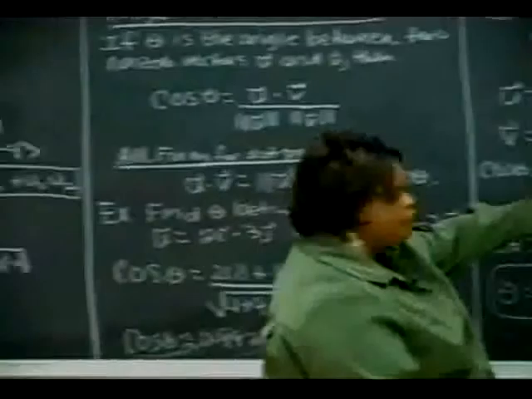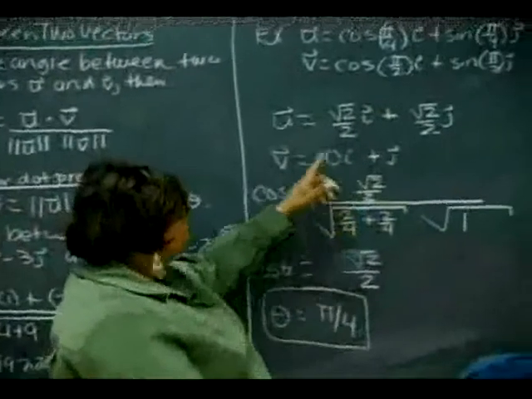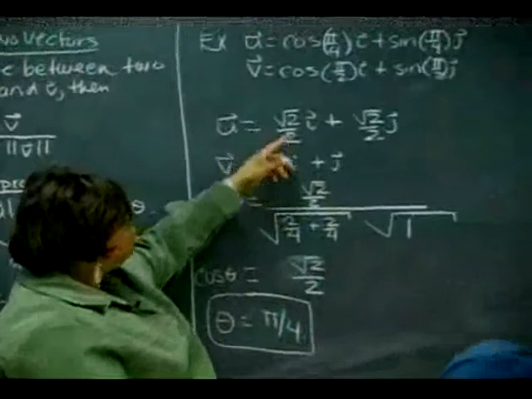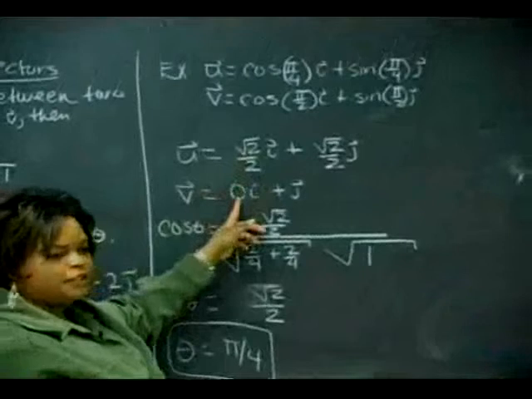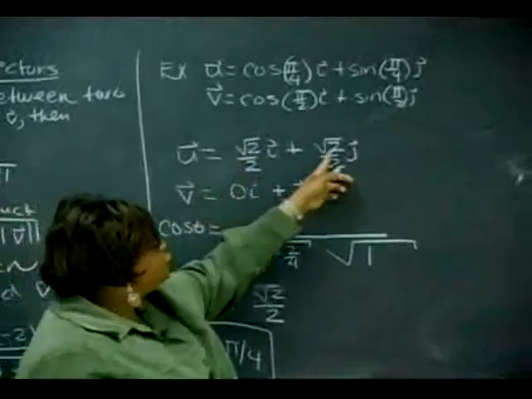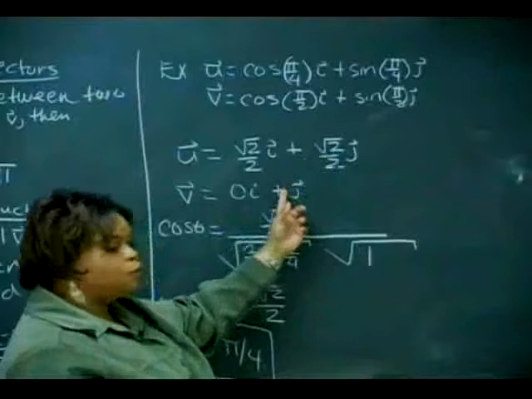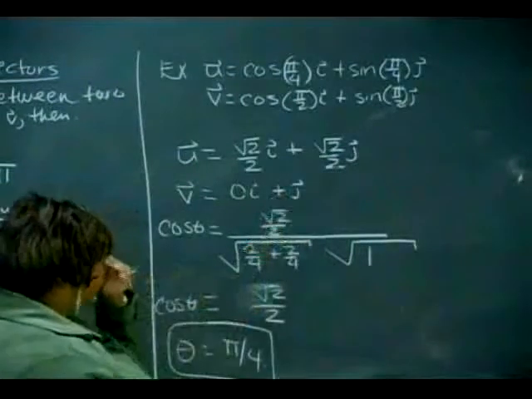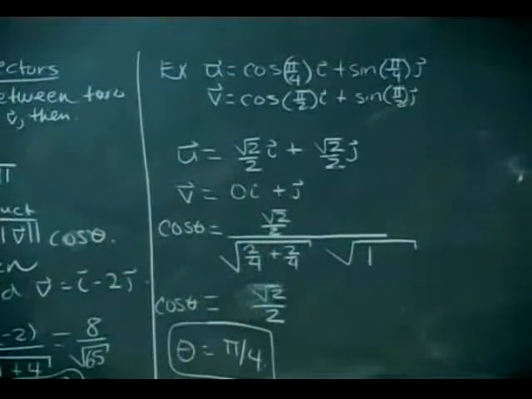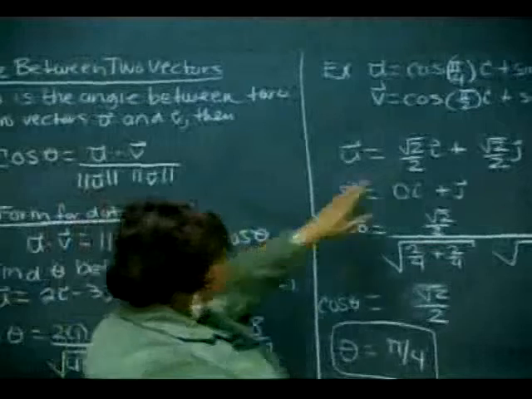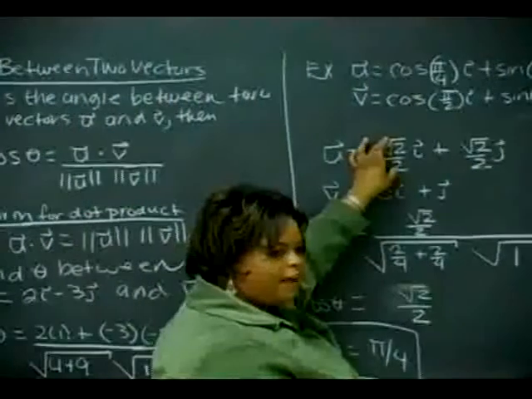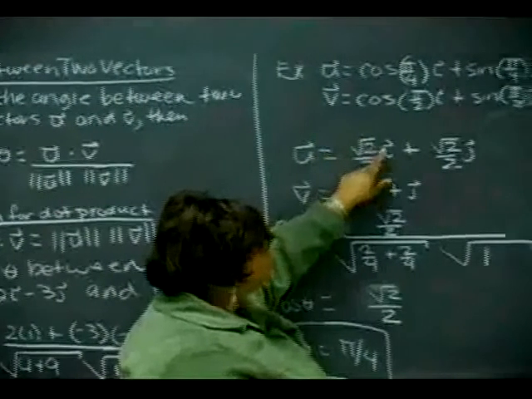Take the dot product, u dot v: u1 times v1 is 0. u2 times v2, square root of 2 over 2 times 1, is square root of 2 over 2. I need to take the length of u, which means I square this. When I square the square root of 2, I get 2 back.